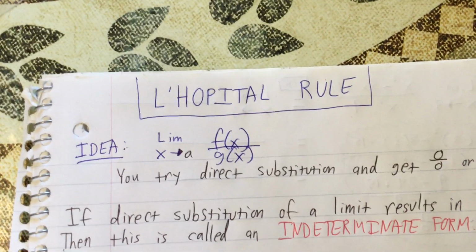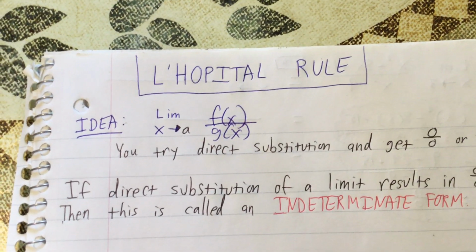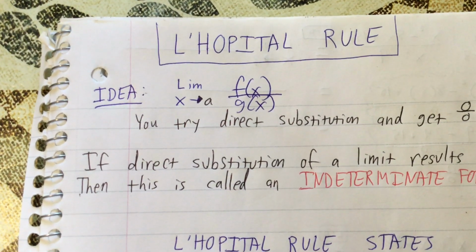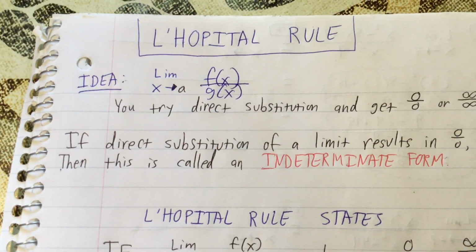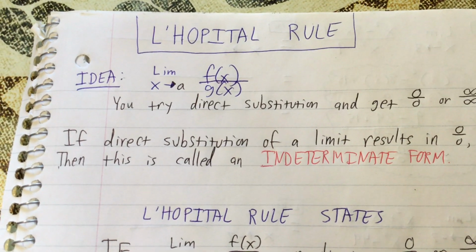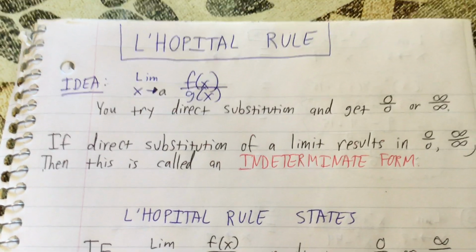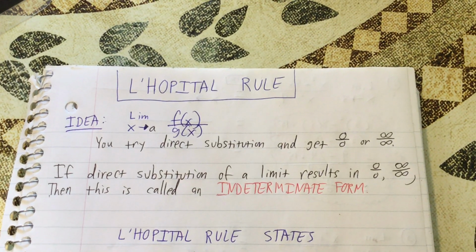So, a new topic. Sorry, a new tool. L'Hôpital's rule. Everybody say, L'Hôpital. So the idea of L'Hôpital is the limit as x approaches a of f of x over g of x. You try direct substitution and you get 0 over 0 or infinity over infinity.